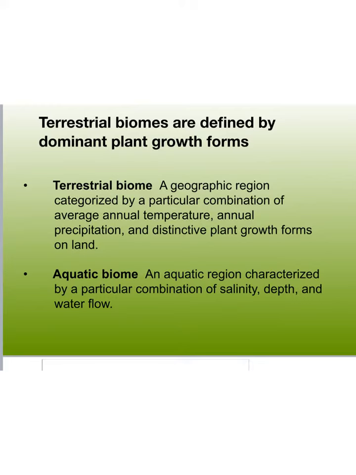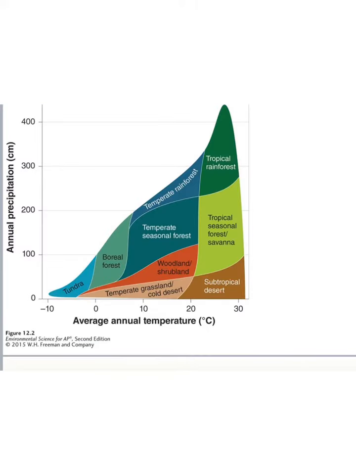All right? And an aquatic biome is characterized more by salinity, depth, and water flow. But terrestrial systems definitely have a vegetation component. So average annual temperatures also contribute along with precipitation, and we can basically categorize this.